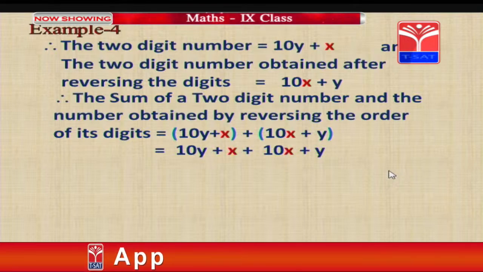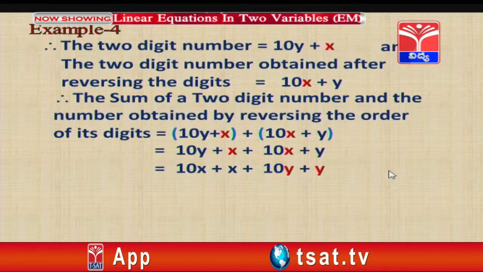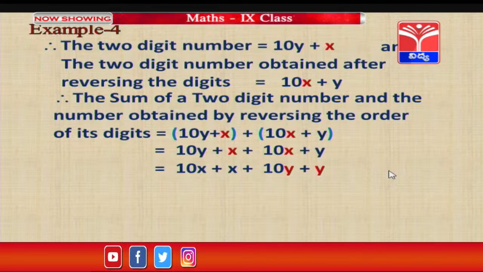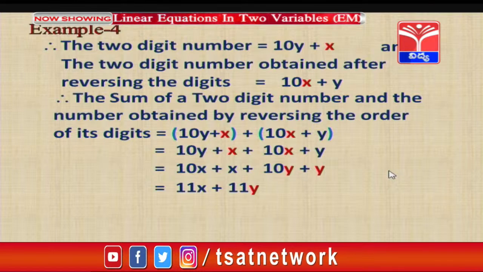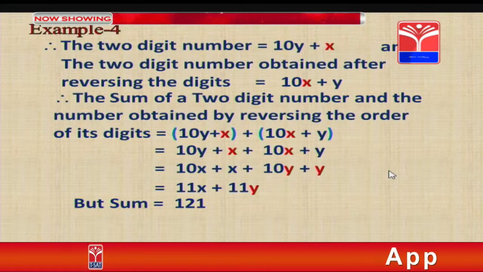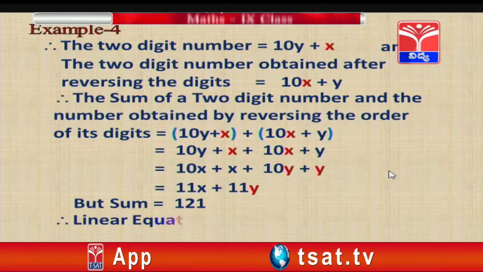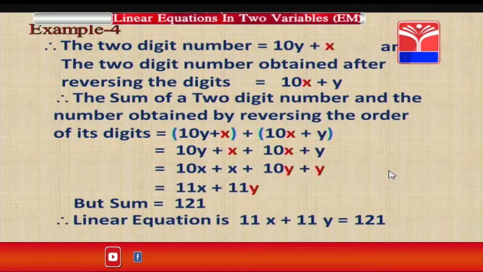You are going to get how much? 10y plus x plus 10x plus y after opening the brackets. Now, I bring all x's together and y's together, 10x plus x, 10y plus y, which is equal to how much? 11x plus 11y. But we know that the sum of them is how much? 121. That means, what can I say? My linear equation is going to become 11x plus 11y is equal to 121.